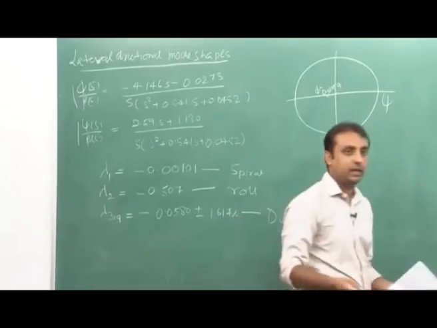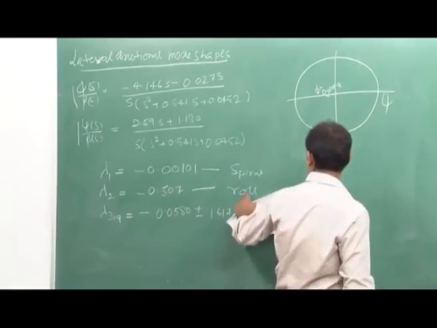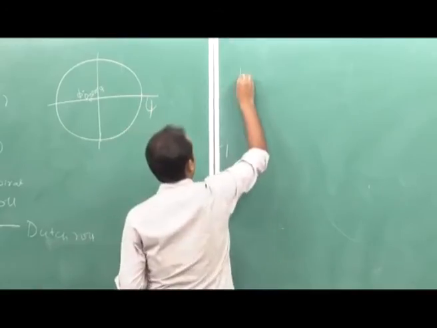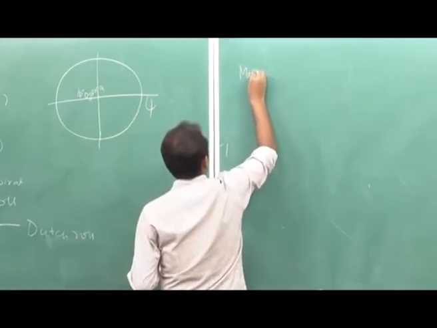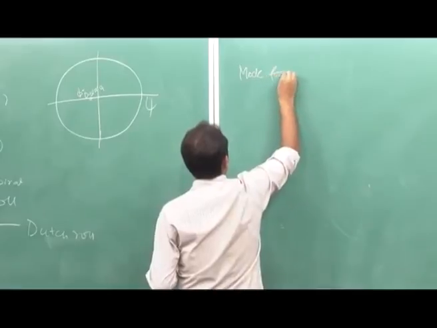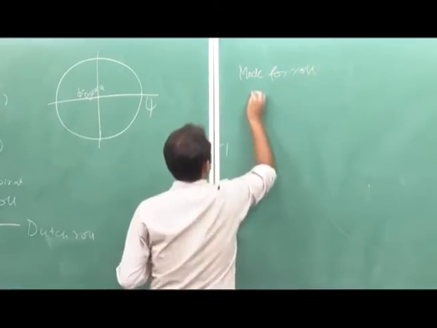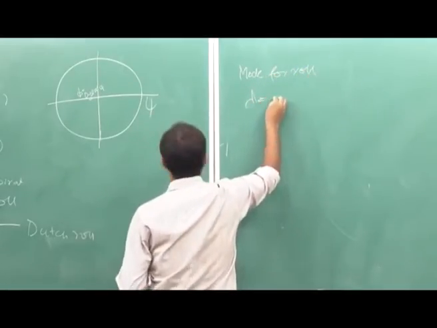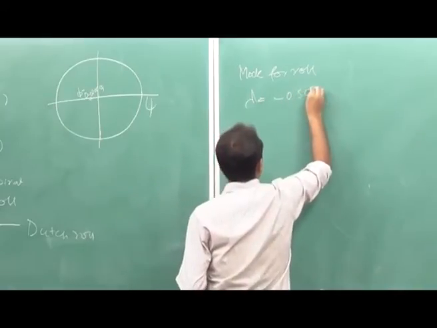Now the second analysis will be for roll mode. So, mode shape for roll. The root was given by -0.507.